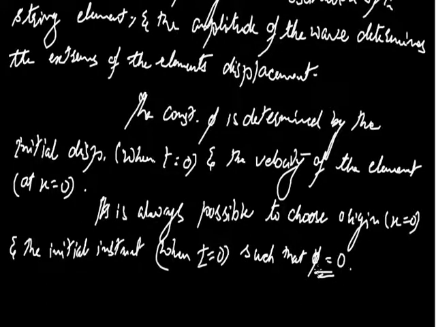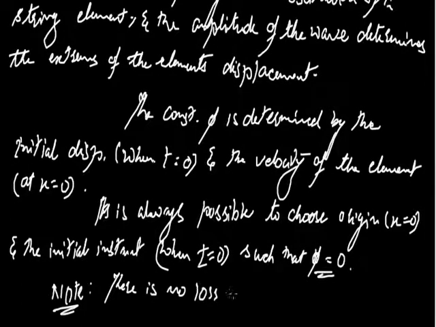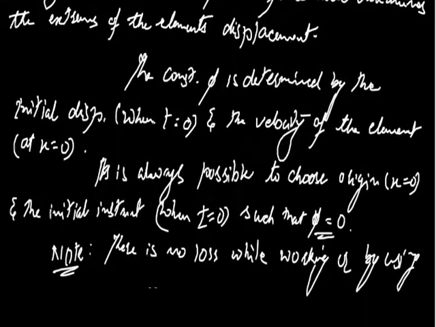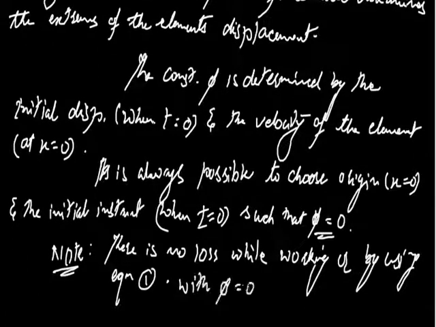There is no loss of generality. As a note we can write that there is no loss of generality while working with equation 1 with phi equals 0. That's it.